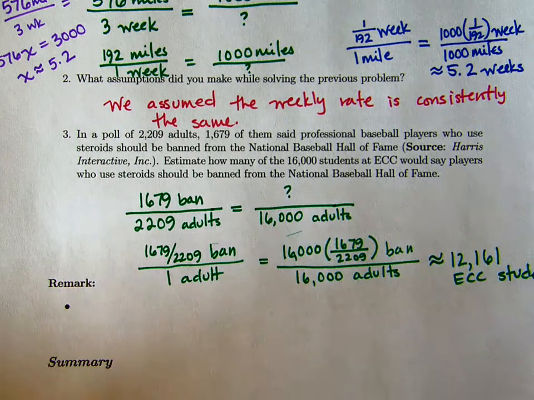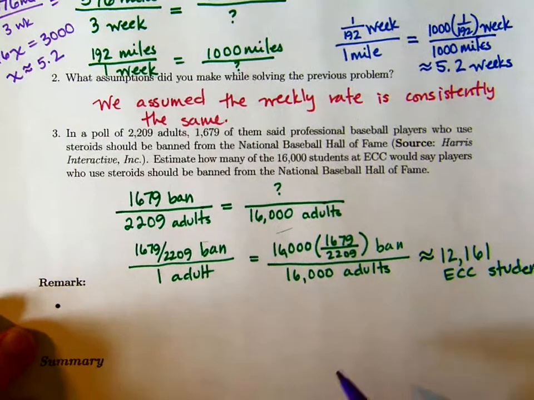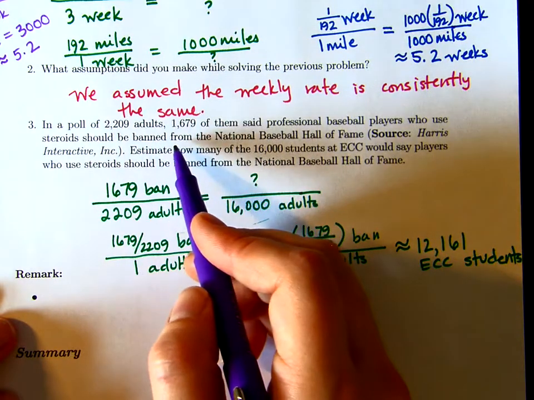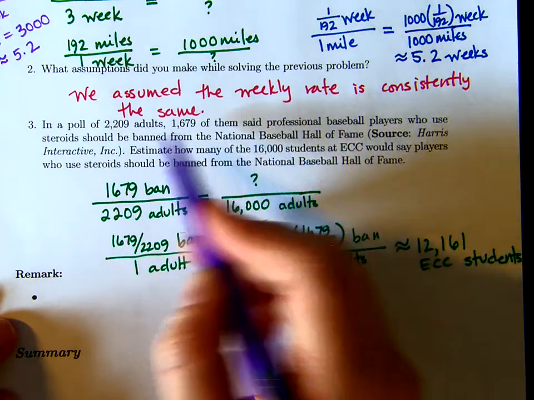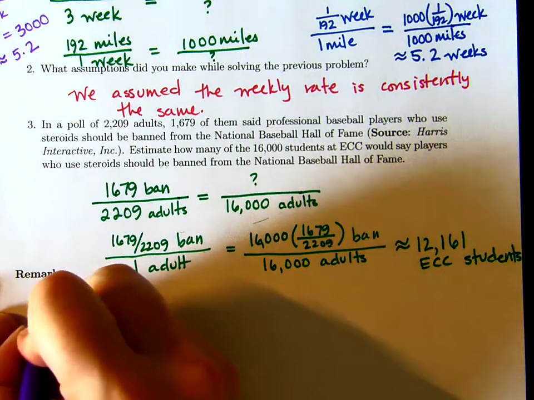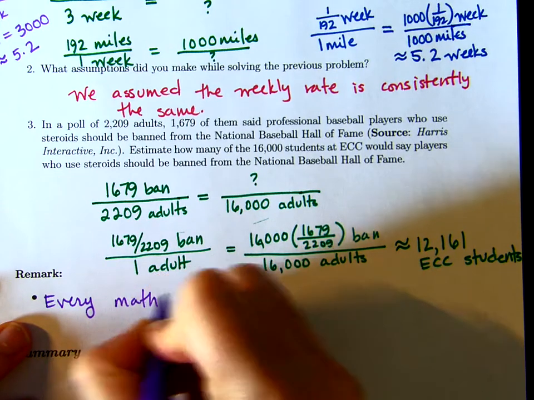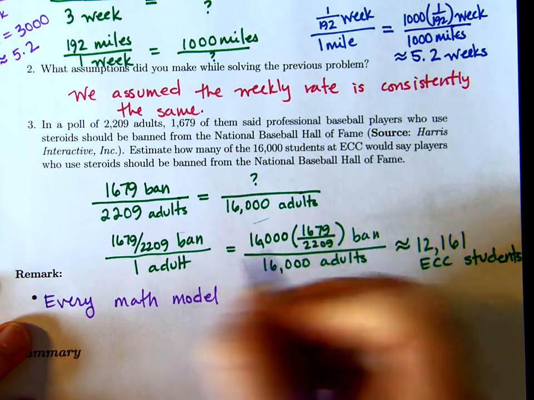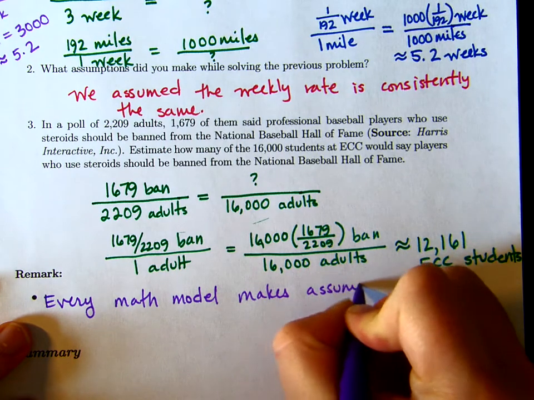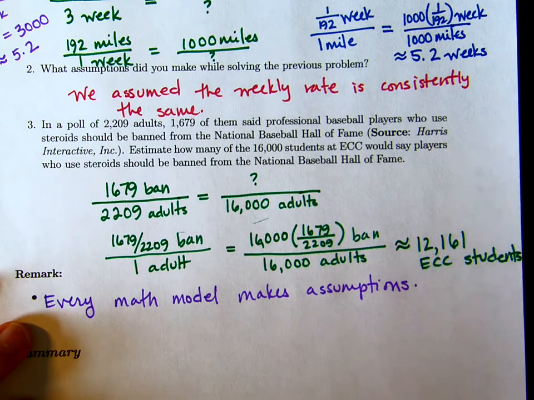Okay, quick remark. Every math model makes assumptions. So we just made a huge inference, like a leap, from whoever they had sampled to specifically ECC students as well. But every math model makes assumptions, okay?